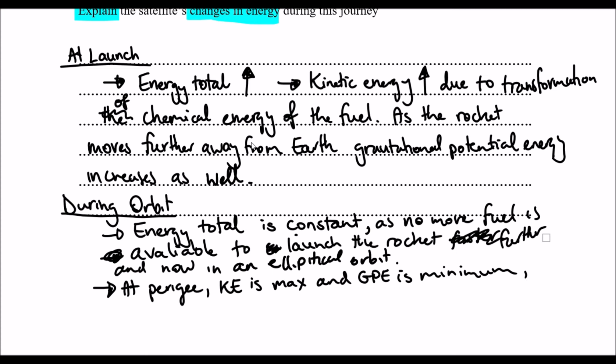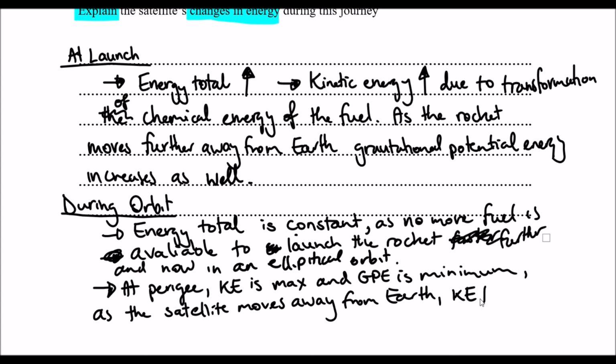So that's what we can say. As the satellite moves away from Earth, kinetic energy will go down and gravitational potential energy will go up.